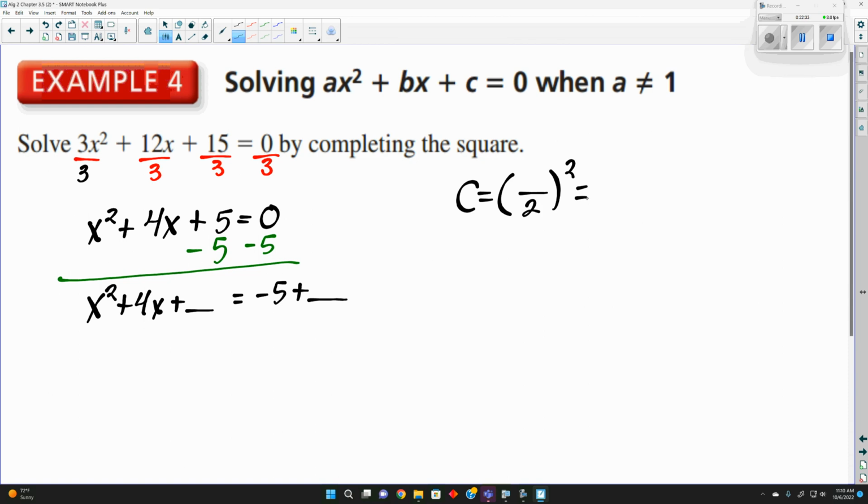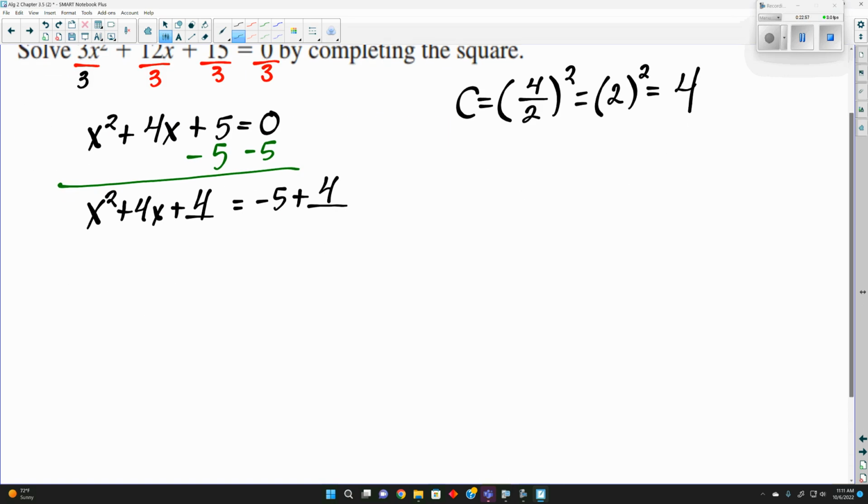Steps 1 and 2 are done. Now we look at step 3. Step 3, find c and plug it in. Well, c is what? B over 2 squared. What's the value of b? And 4 divided by 2 is 2. And 2 squared is 4. So we'll have 4 and 4.